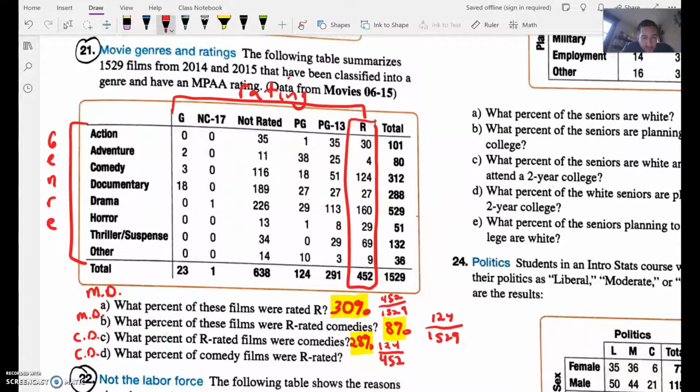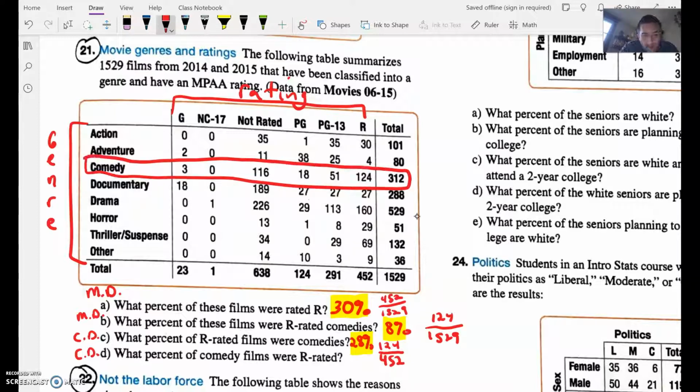All right, and then the last one, what percent of comedy films were R-rated? So now we're looking at the comedy films. So for comedy films, that is going to have a 312 on the bottom because there are 312 comedy films. And what percent of those were R-rated? 124.